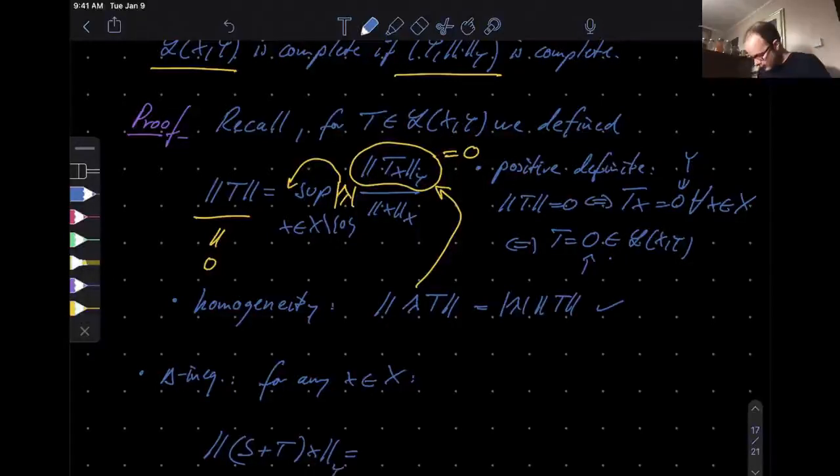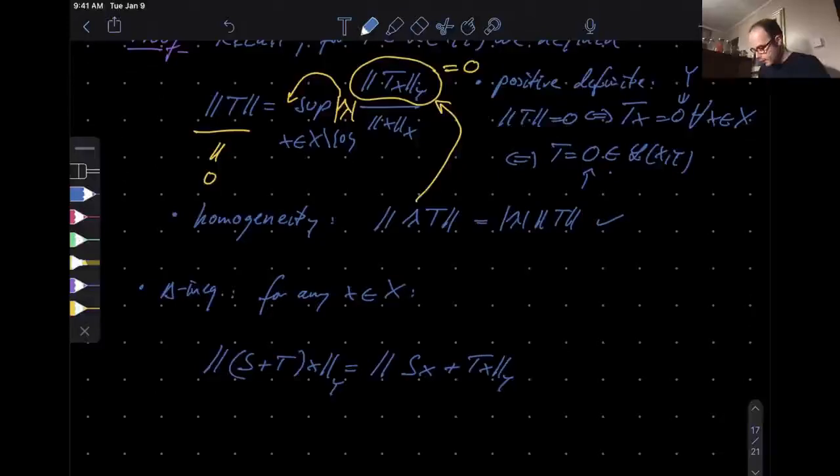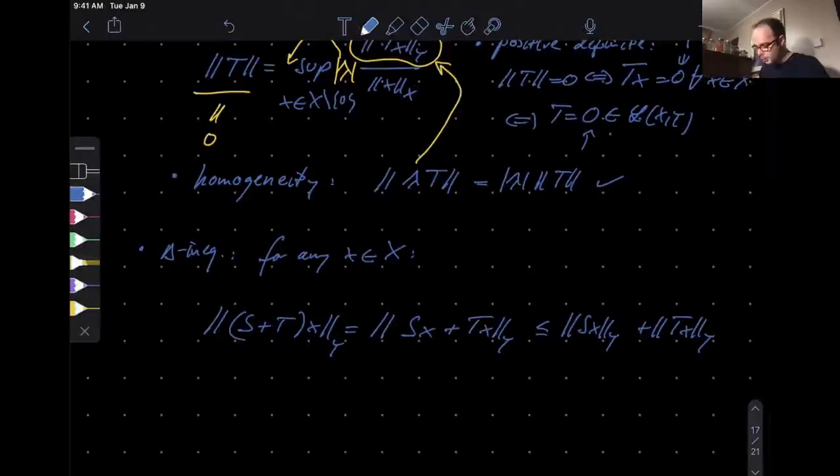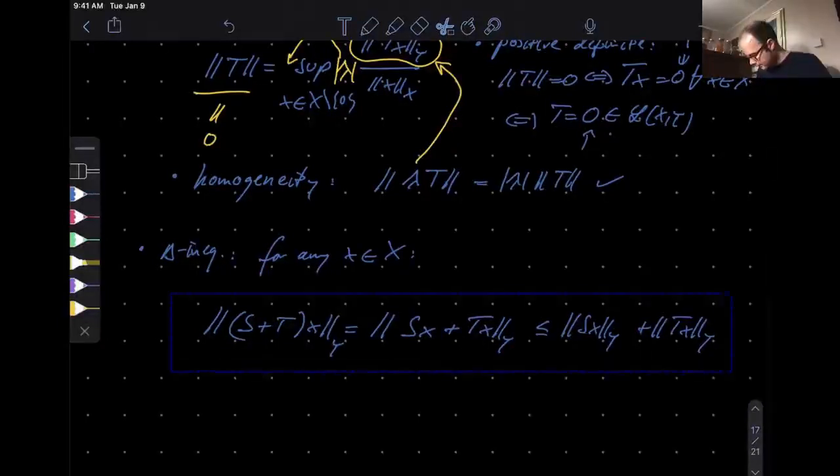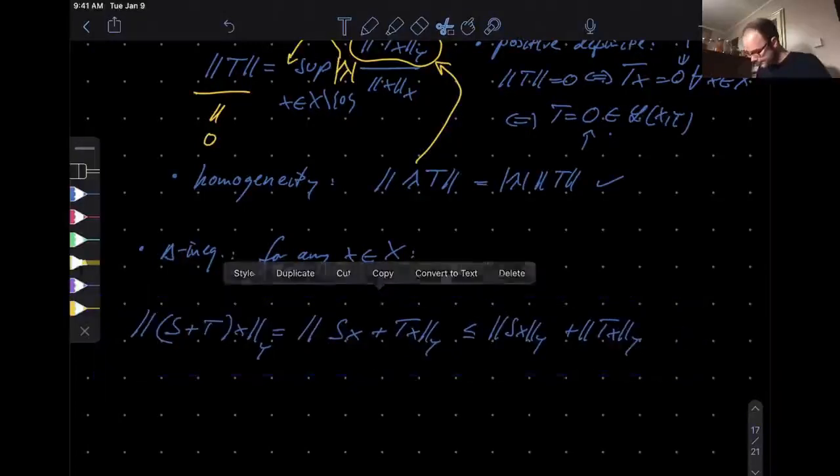These are in Y space, so by the definition of that sum, this is S of x plus T of x in Y. Then you use the triangle inequality in Y space, so you get ||Sx|| plus ||Tx||. And now you optimize the terms individually. Let me move this a little bit to the left to have more space.